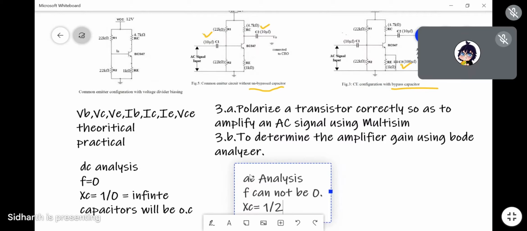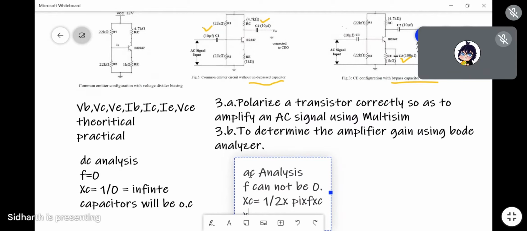I'm writing in symbols, okay? As the C value is high, XC will be 1 by a large value.